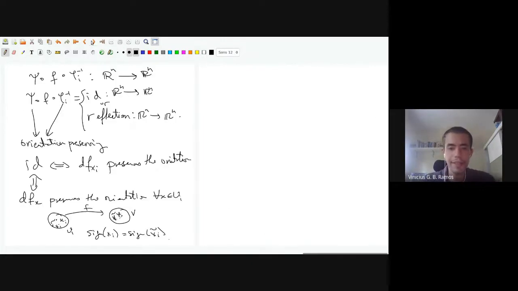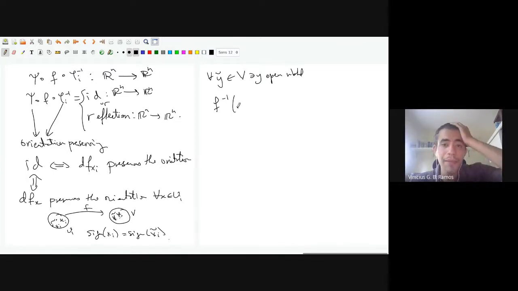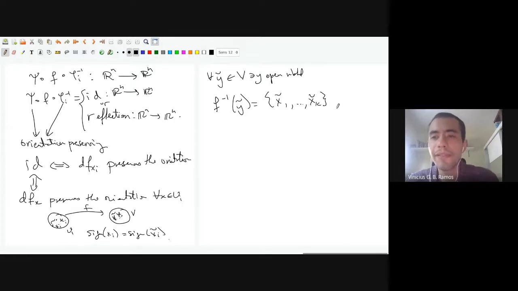So the conclusion is that for every y tilde in V, an open neighborhood of the original y, the pre-image consists of exactly the same number of points, k points, such that xi tilde is in ui, a small enough neighborhood around xi, and the sign of xi tilde is equal to the sign of xi.